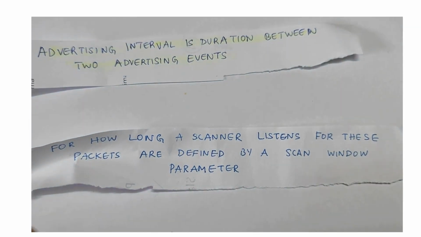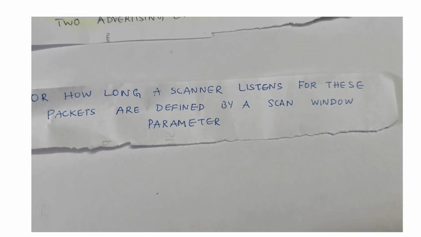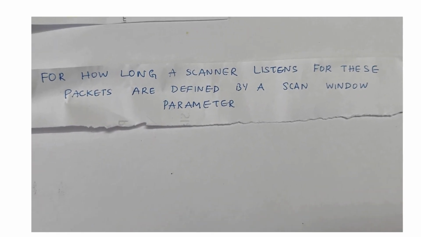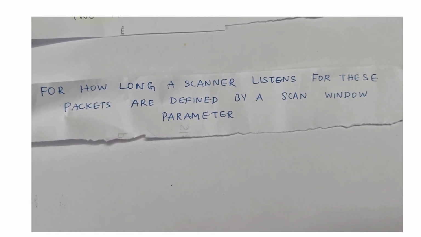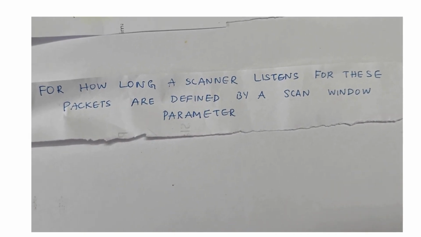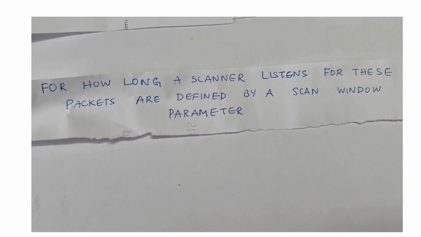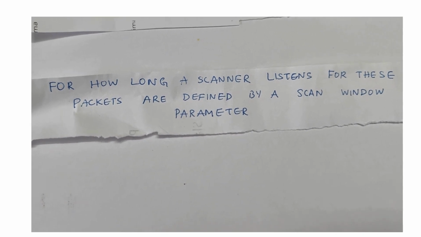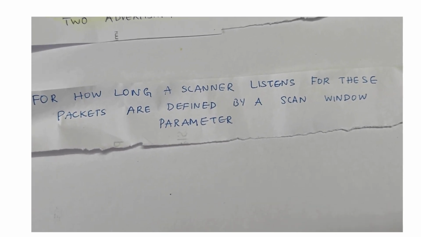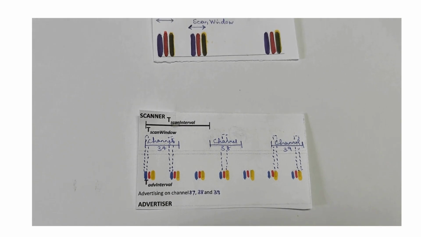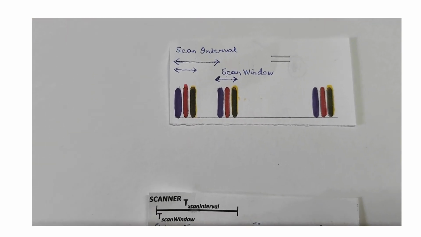Another parameter we need to go through is scan window. Scan window defines for how long a scanner listens for the packets sent by the advertiser. Let me show you through a diagram. Here are the diagrams which show what scan interval and scan window are.